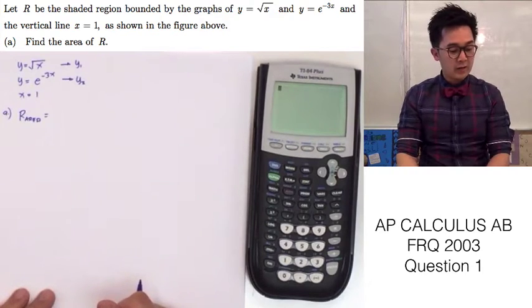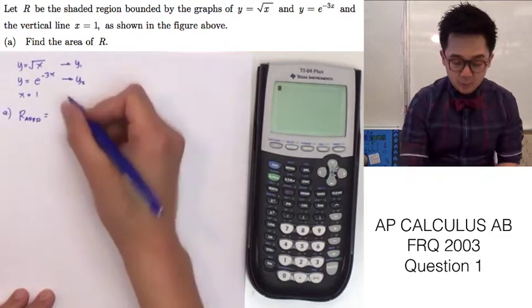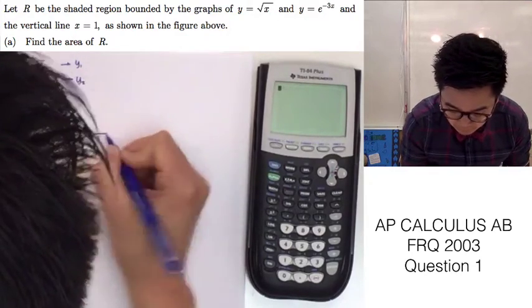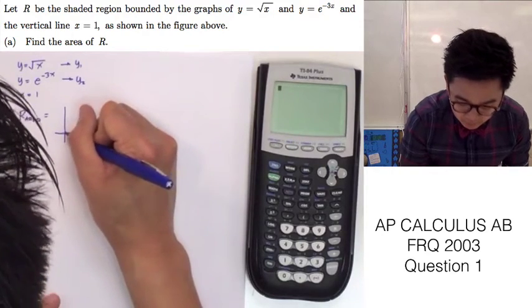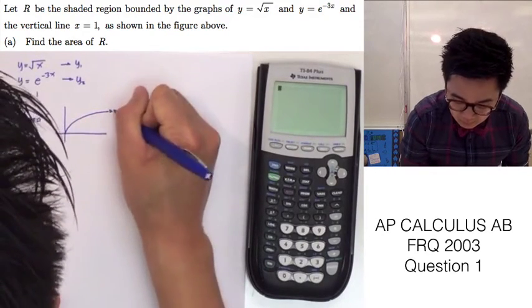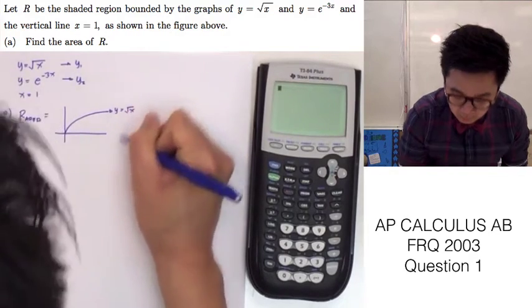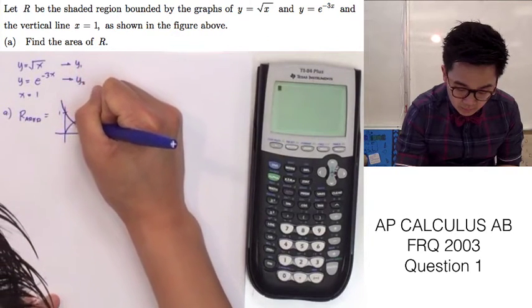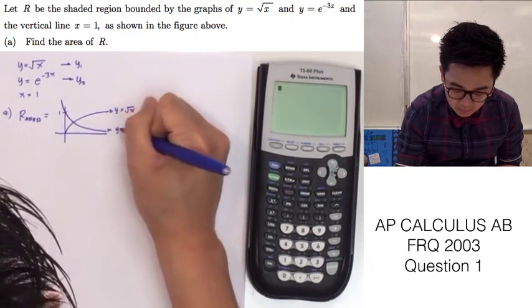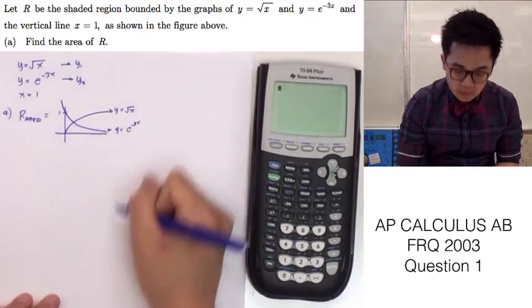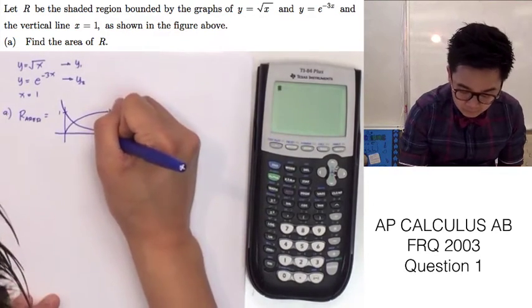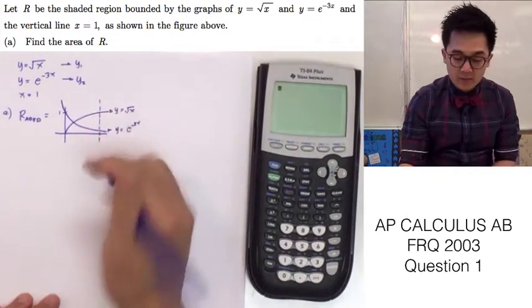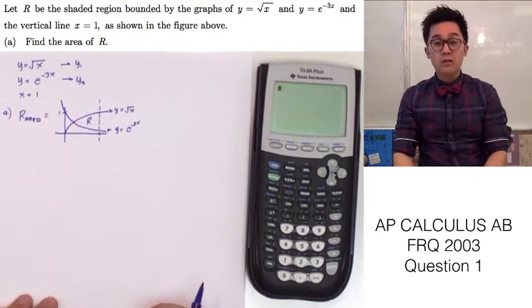So the first question is to find the area of the region R, and if we're going to draw it, we have the function square root of x and the function e to the negative 3x and x equal to 1, and this is the region R that we're trying to solve.